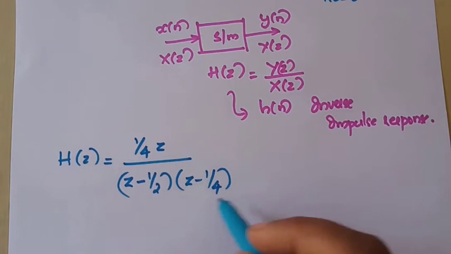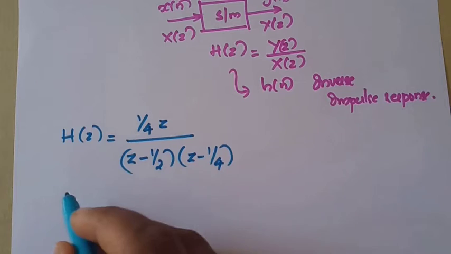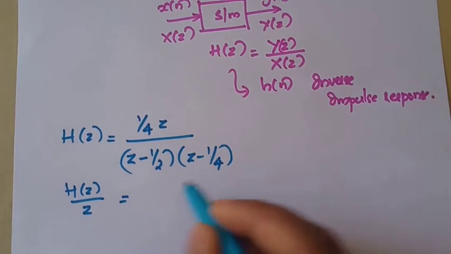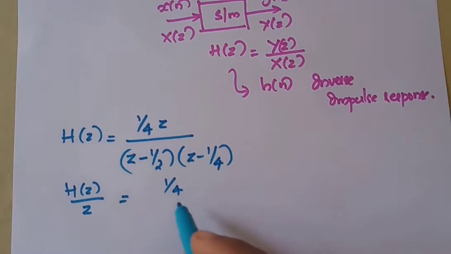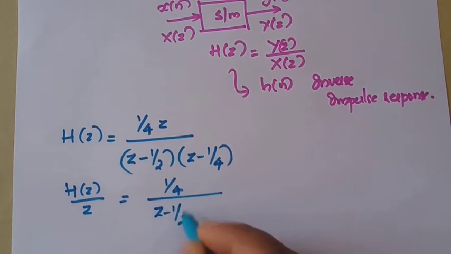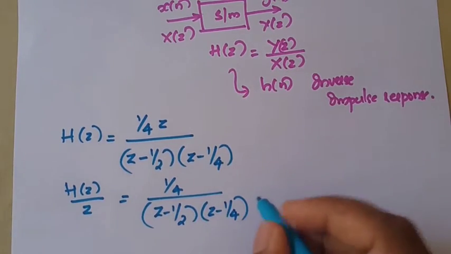To find the inverse transform, the first step is we need to consider H of z by z. So we need to take the z from right hand side to left hand side. So we will get H of z by z equals 1 by 4 divided by z minus 1 by 2 whole into z minus 1 by 4.